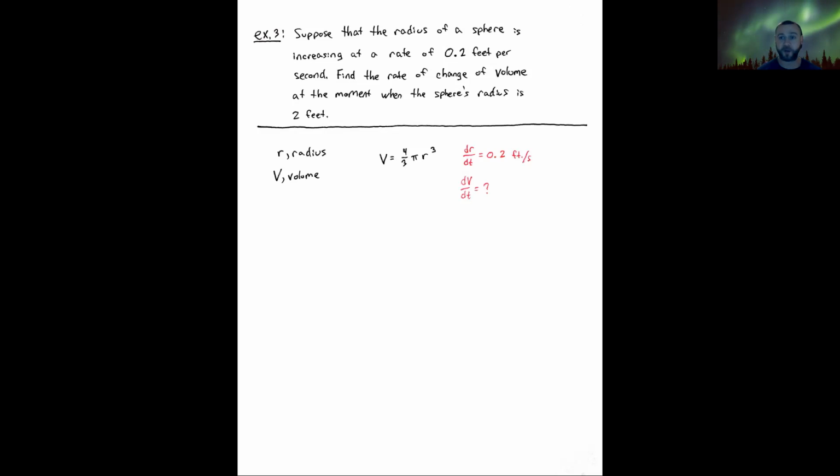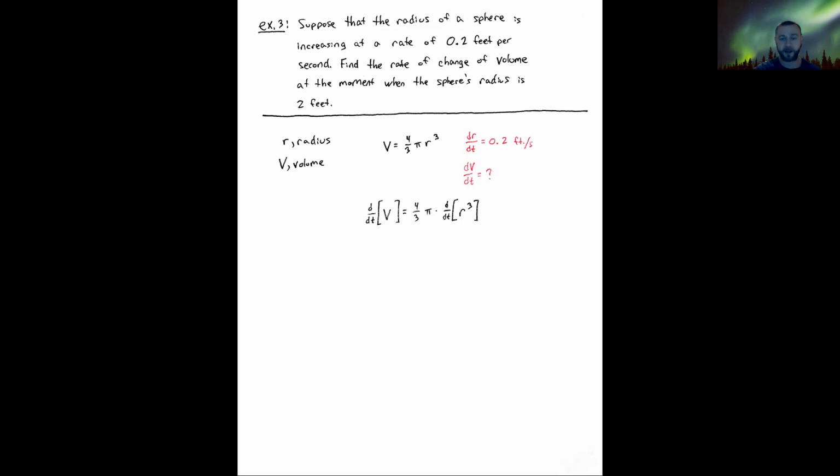And we now want to figure out what dV over dt is. So if we start with our equation and differentiate implicitly both sides with respect to t, we'll get to here. Notice we're thinking of 4/3 pi as a constant multiple. We can just bring that outside of the derivative and just worry about differentiating r cubed with respect to t.